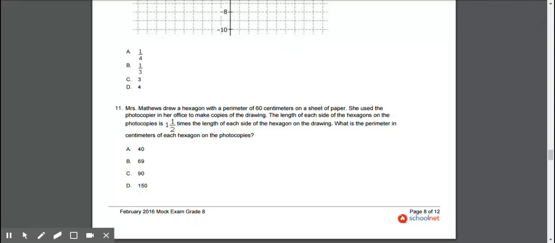What is the perimeter in centimeters of each hexagon on the photocopies? What is the length of each side of the hexagon in the dilated figure? A, 40 centimeters, B, 69 centimeters, C, 90 centimeters, D, 150 centimeters.